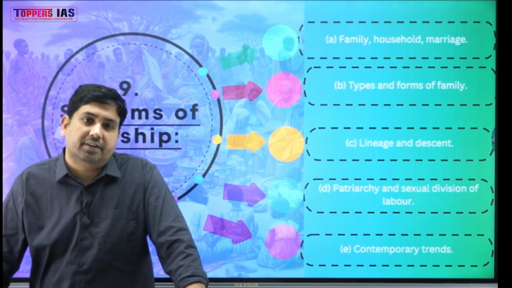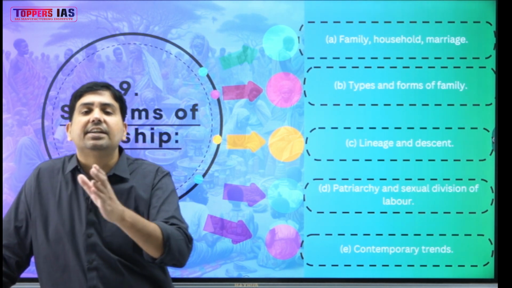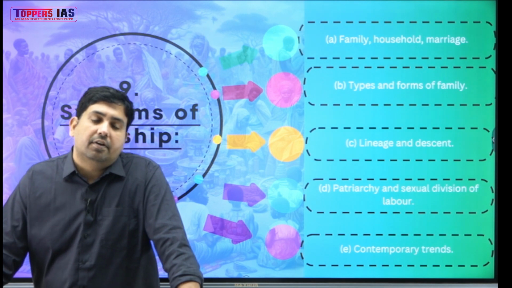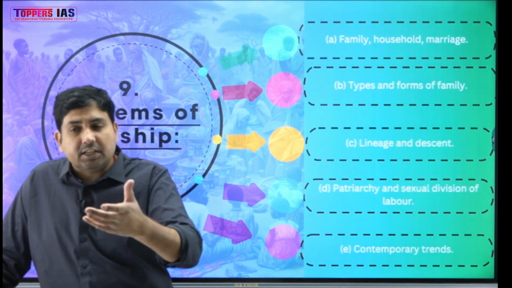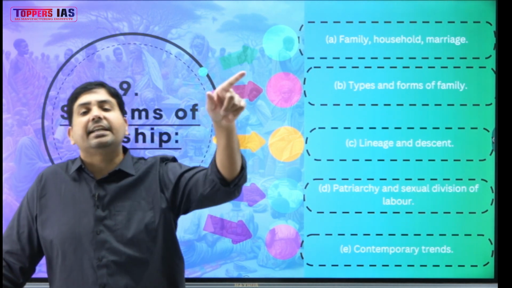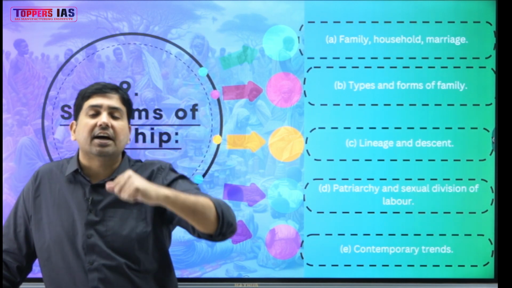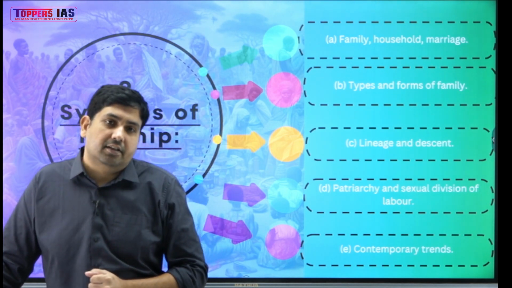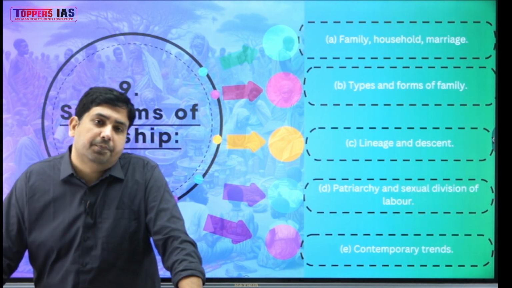For example, women are primarily responsible for child care, rearing of children, housework, and reproductive labor. But men are primarily responsible for food-getting activity. They go outside the home and arrange for food, whether it is hunting or working somewhere. They do paid work outside of the home.